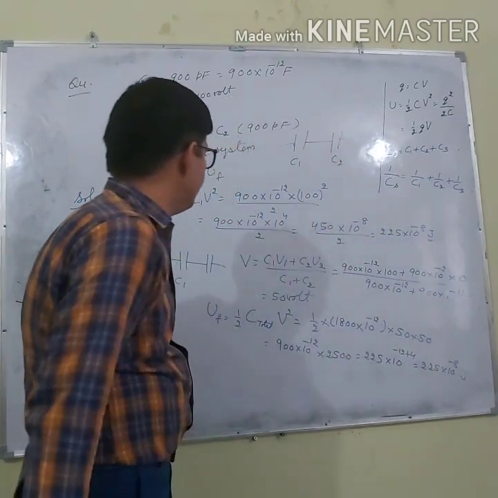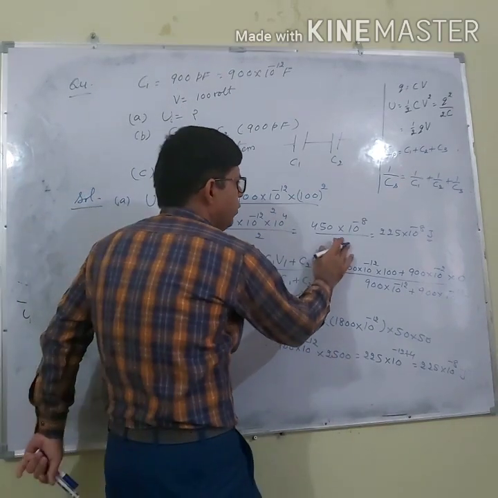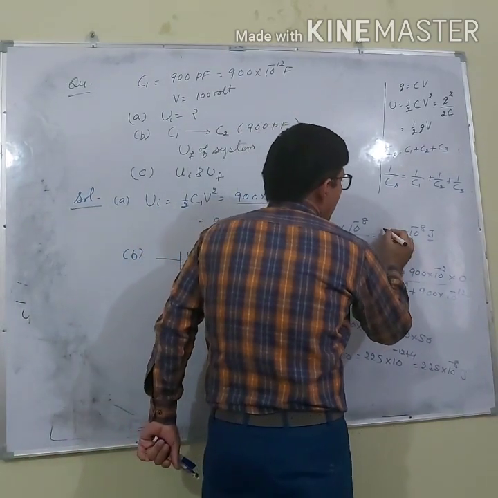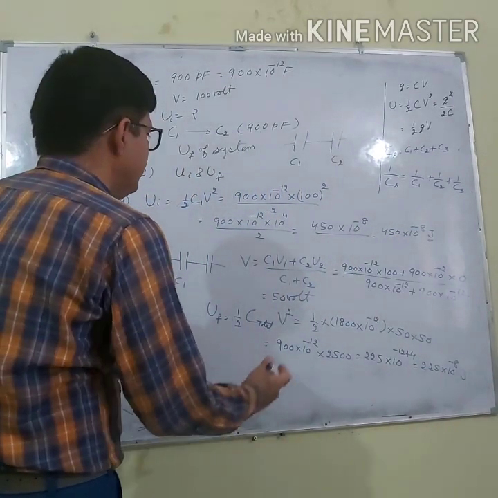Now how can it be equal? Oh, there is no need for the 2. It should be 450 multiplied by 10 to the power minus 8 joule.